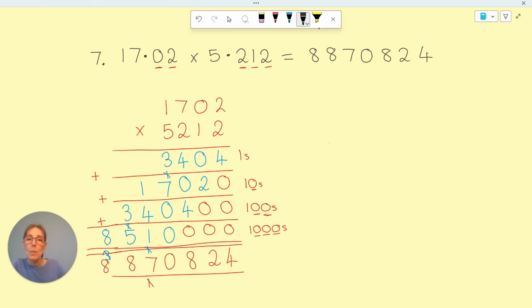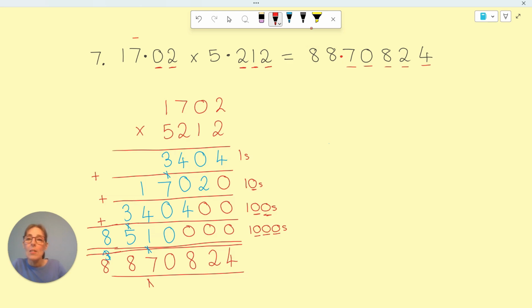Okay, how many decimal places have I got? I've got 1, 2, 3, 4, 5. 1, 2, 3, 4, 5. That's a bit big. Okay, still big. That's better.